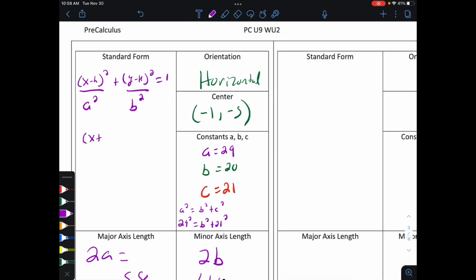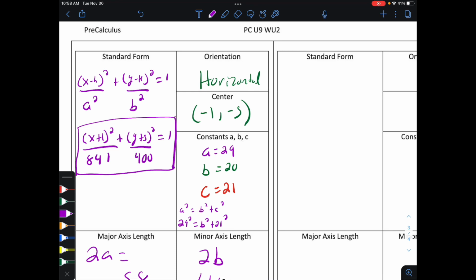So we'd have x plus 1 squared plus y plus 5 squared is equal to 1. Cannot forget about the denominators. So A's denominator is 29 squared, which is 841. Y gets the denominator b squared, so 20 squared is 400. There is our standard form for the ellipse.